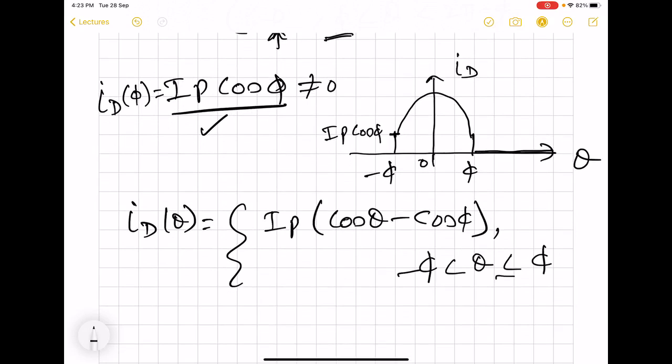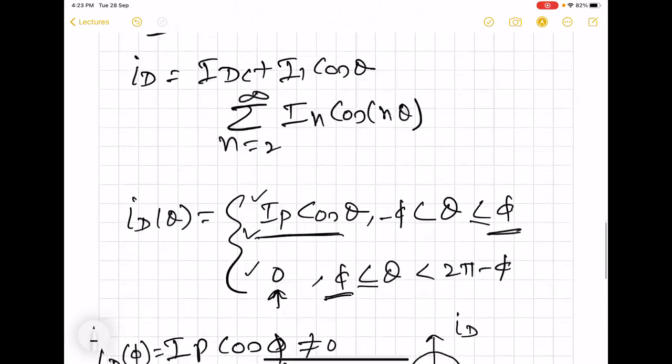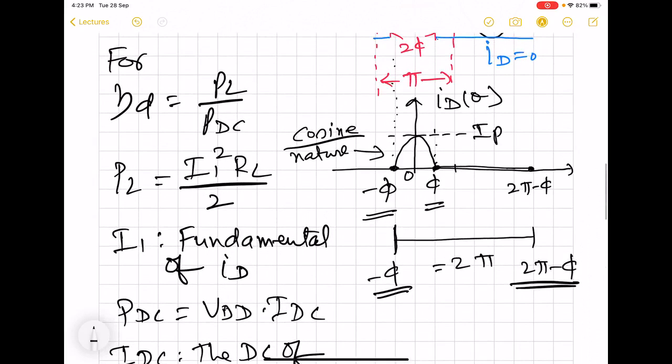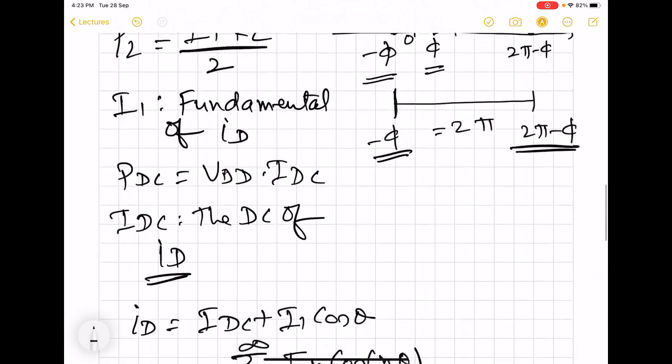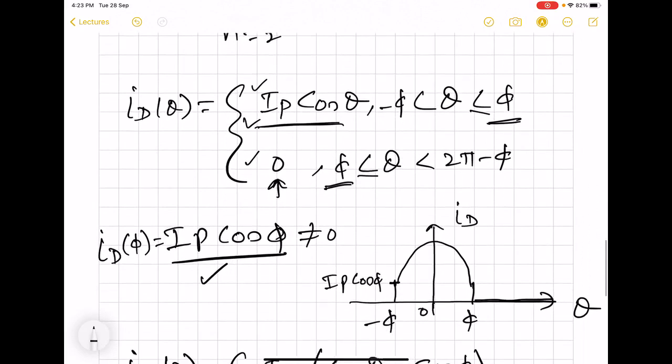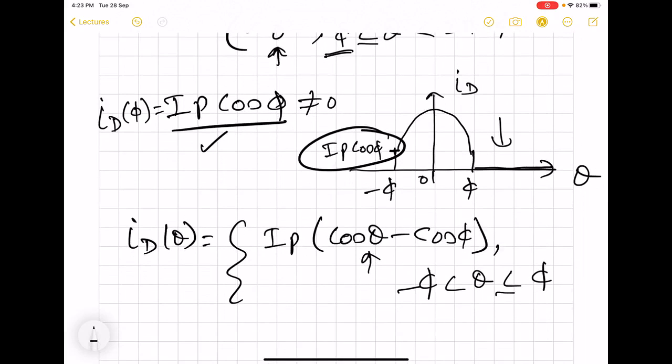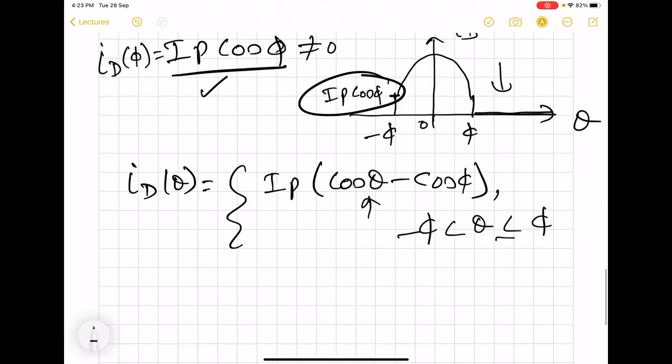So now you can see that if you put theta equal to phi, this part is going to be 0. So we are going to get this kind of waveform, 0 at the boundary of the two regions, conducting and non-conducting region. Now in this case, this waveform will shift down by this much amount, and that is what we have done here. And of course, 0 for the remaining portion.